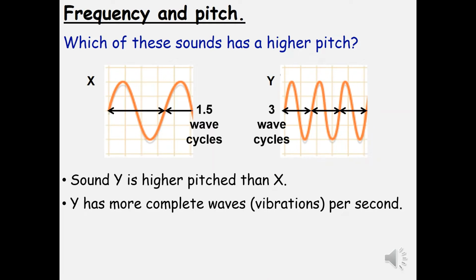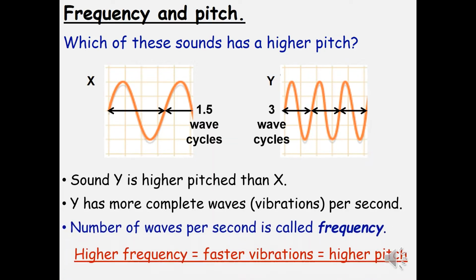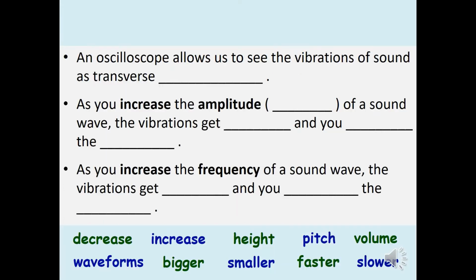If we look, X has 1.5 wave cycles and Y has 3 wave cycles. So it is confirmed. The number of waves per second, as always, is frequency. And if we have higher frequency, that means faster vibrations and therefore a higher pitch.